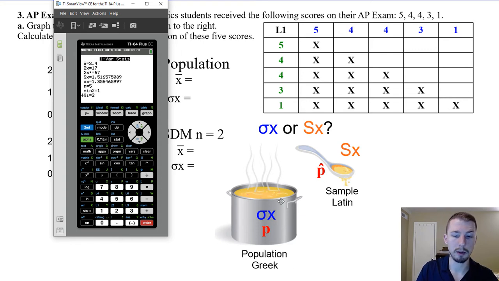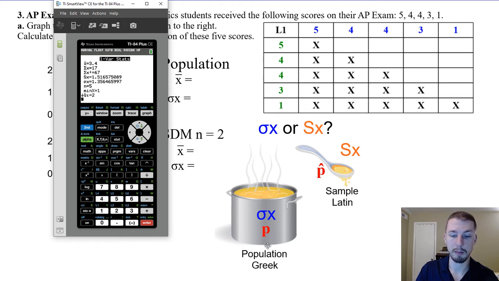Whenever we have the population, which is rare that we would be able to take a census instead of a sample, we use the sigma of x. On a lot of calculators, or a lot of programs, they don't even give you this value, or you have to put in something special to get it, because it's so rare that we have the entire census and we're not taking a sample. We almost never know the population.